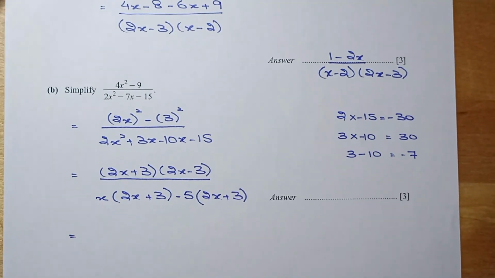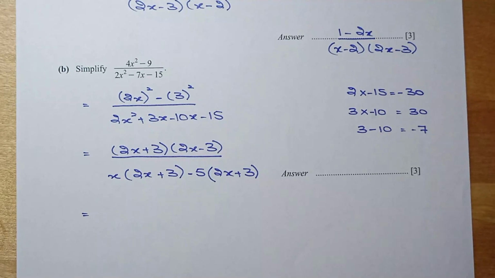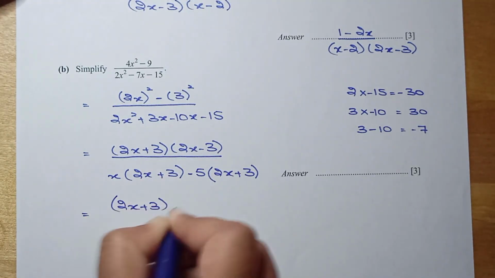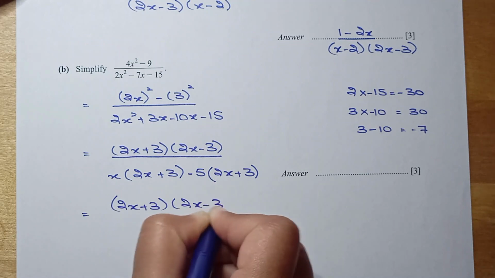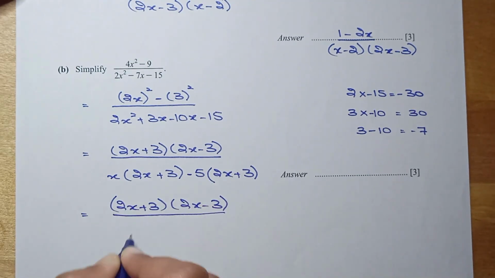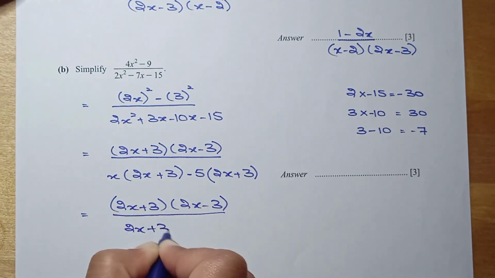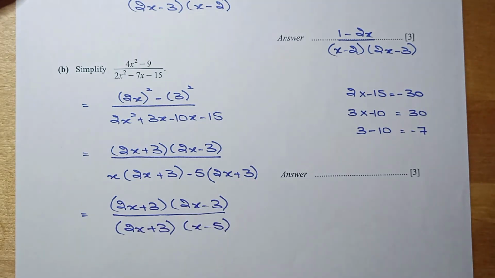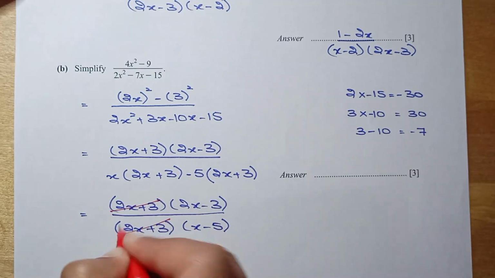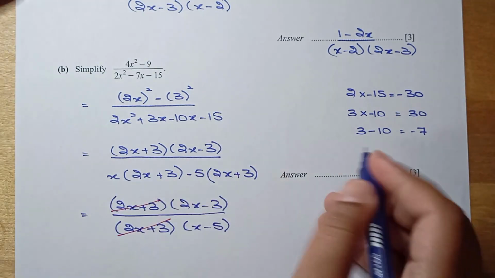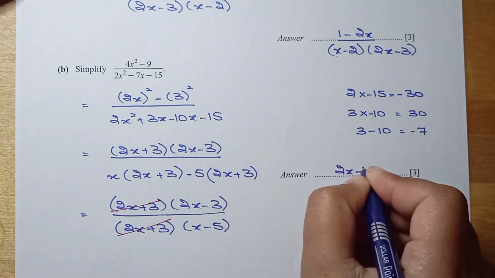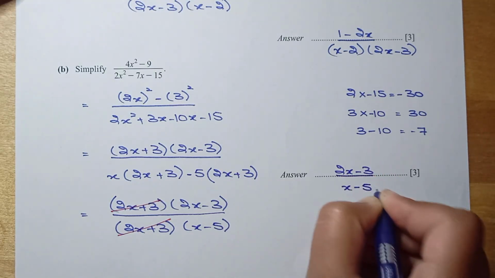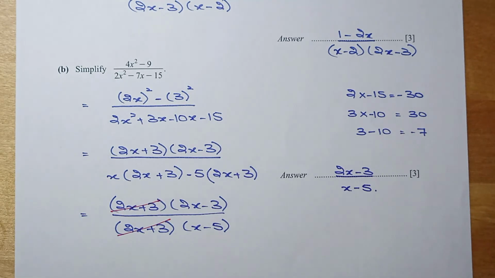And we have 2x plus 3 into 2x minus 3 over 2x plus 3 into x minus 5. Let me cancel the like factors. Now we are left with 2x minus 3 over x minus 5. So this is a simplified expression for this question.